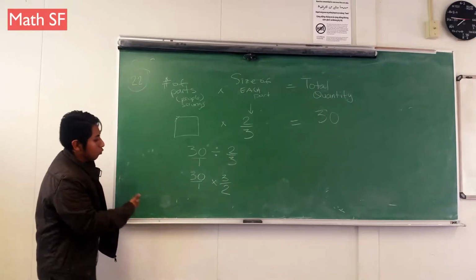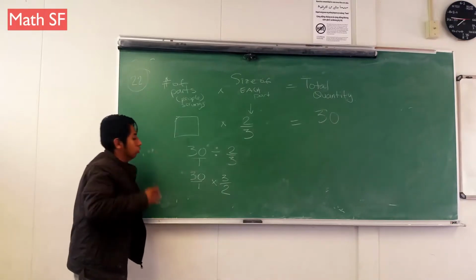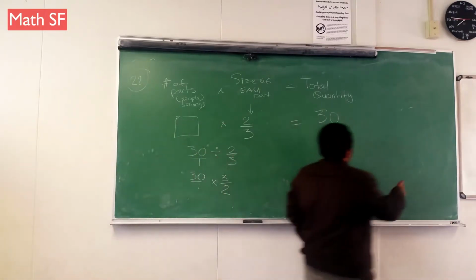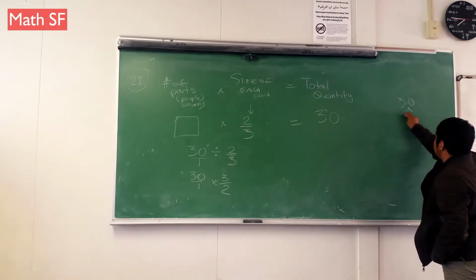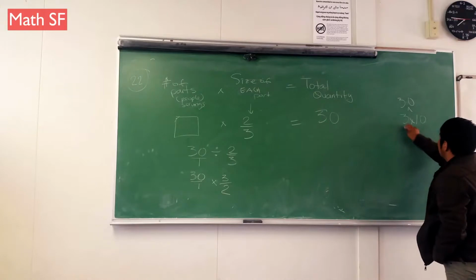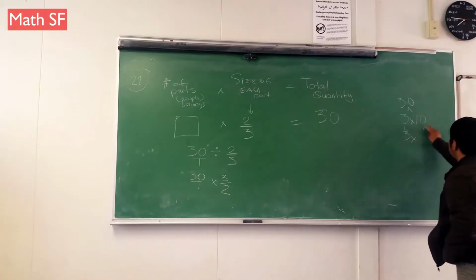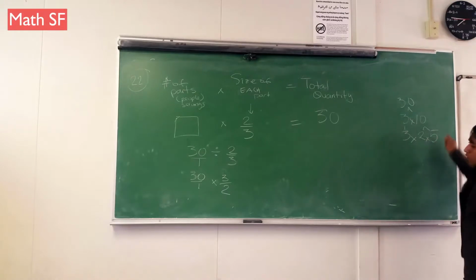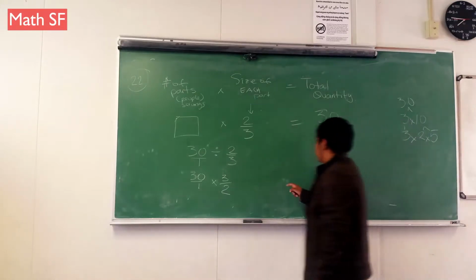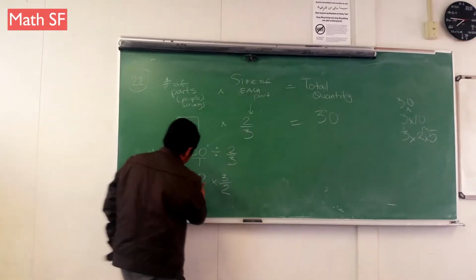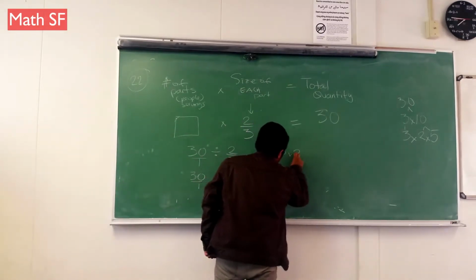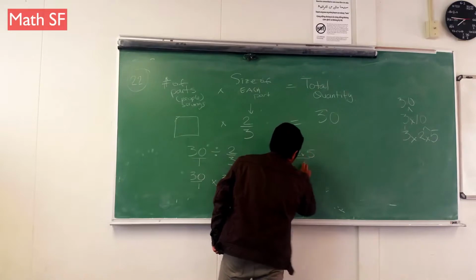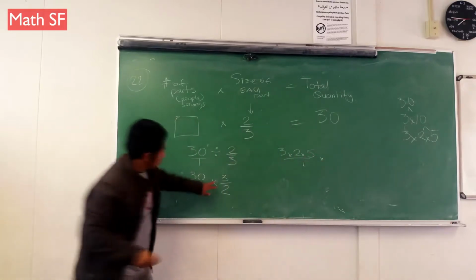Now, what else? Well, as we did before, we've got to factor each of them. Got to factor the 30. What will give me 30? Let's see on the side. Well, it ends in 0, so it should be a 3 times 10. And this 3, bring it down, and this 10 is a 2 times 5. Therefore, instead of writing this 30, we're going to have to do 3 times 2 times 5 over 1, times 3 over 2.